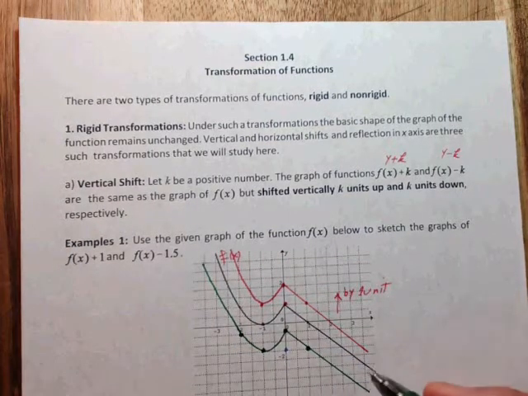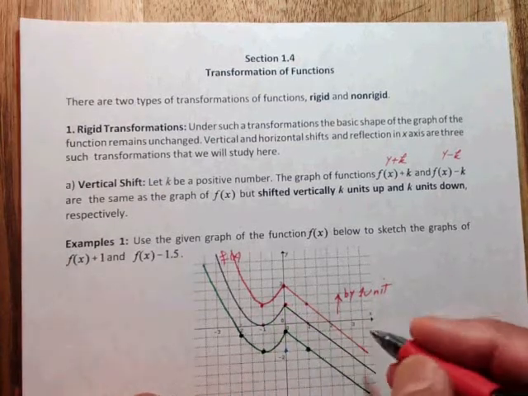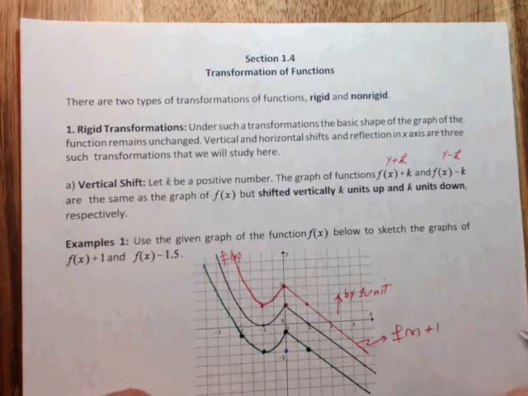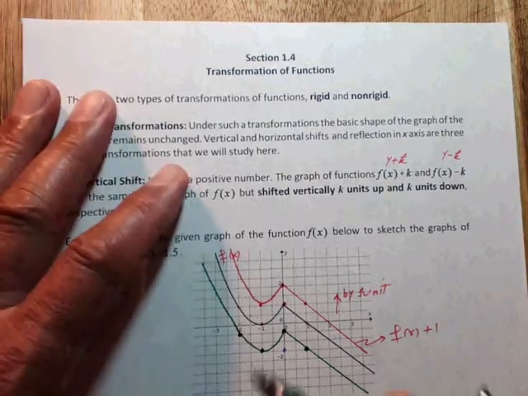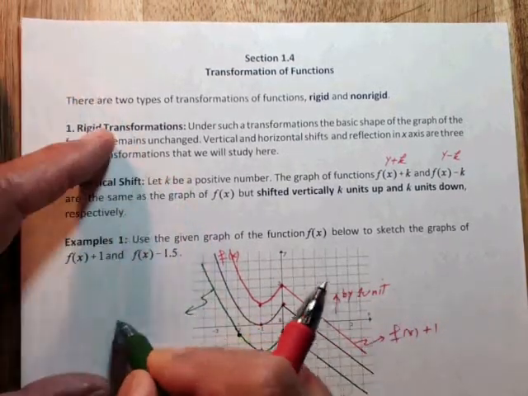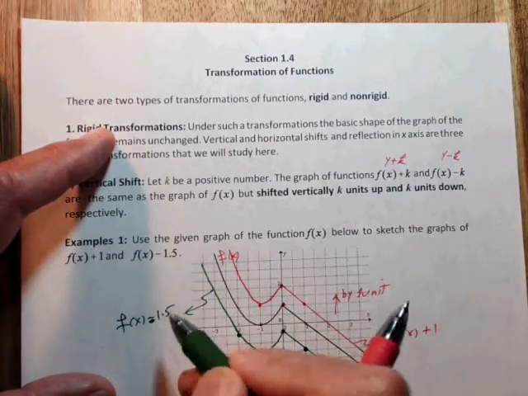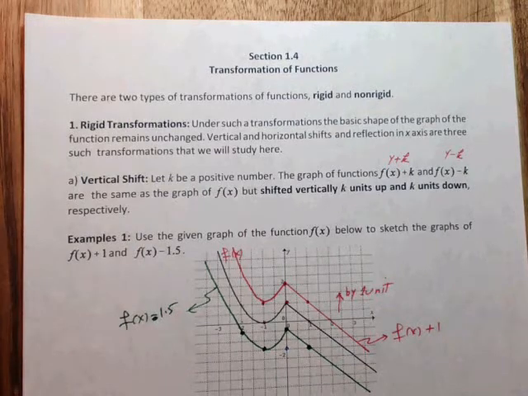This is the graph of, so this red one is the graph of f of x plus 1, and then the green one is the graph of f of x minus 1.5. Okay, so pretty simple.